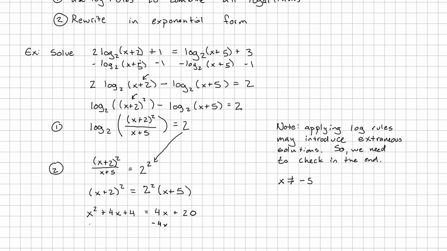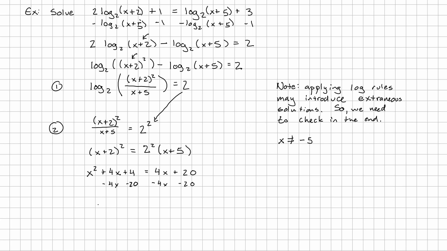Then we'll subtract the 4x on both sides, subtract the 20 on both sides, and we have x squared minus 16 equals 0. There are lots of ways we could solve that. I think the easiest one is x squared is 16, so x is plus or minus the square root of 16, or plus or minus 4.